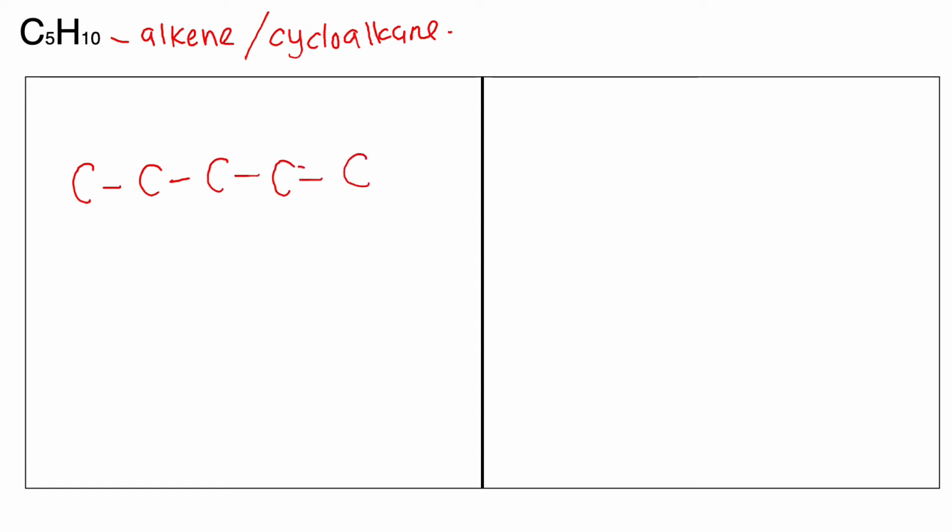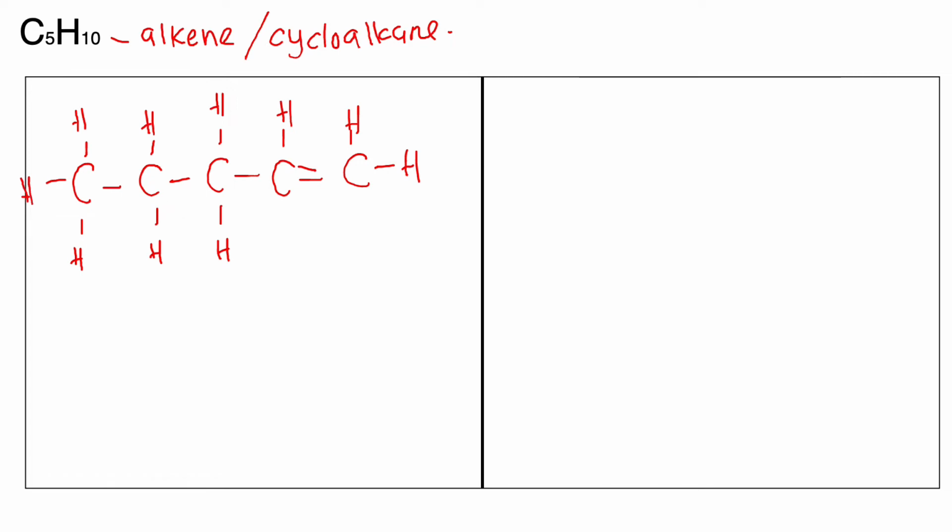Okay, so this is the alkene. So our H will be here. Alright, this one. So if you count, you get 1, 2, 3, 4, 5, 6, 7, 8, 9, 10. We have 10. So C5H10.